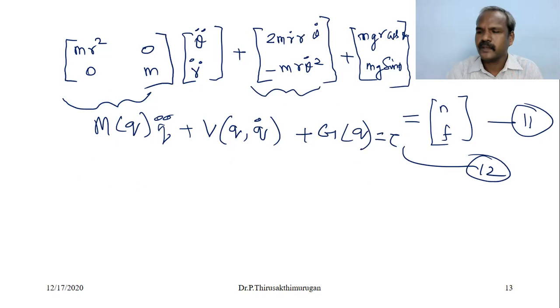Note that the inertia matrix m of q is a function of q, that is, theta and r.